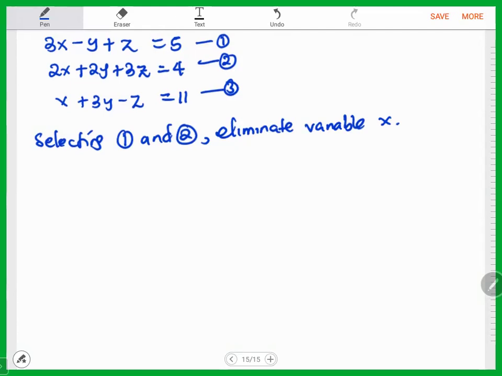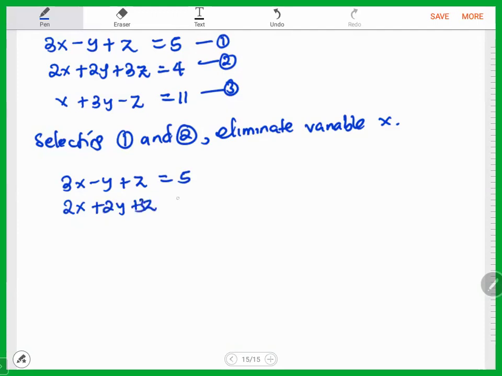So if I'm to eliminate x, it means I'm going to pick 3x minus y plus z is equal to 5, and 2x plus 2y plus 3z is equal to 4.